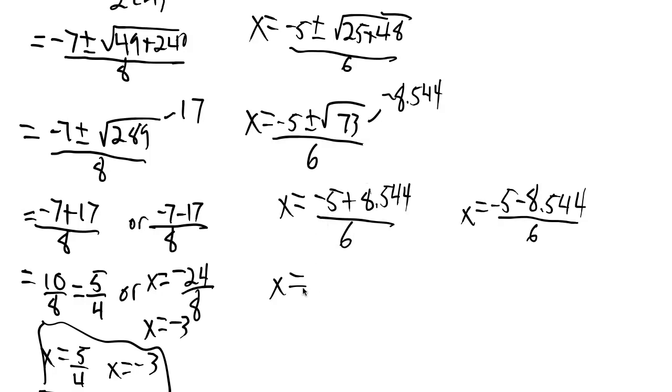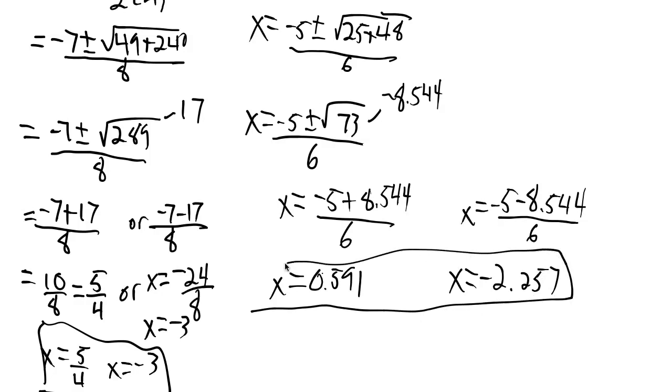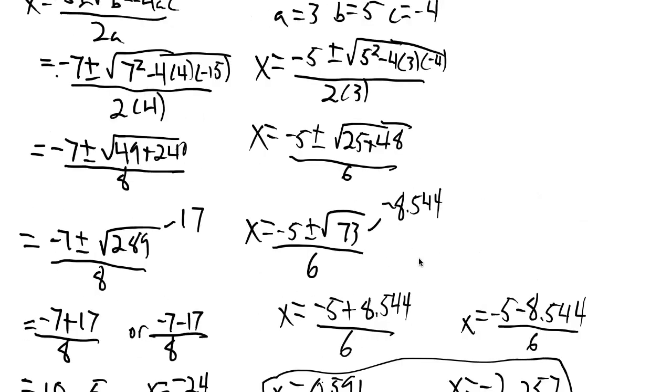That becomes x is about equal to 0.591, and we get x is equal to negative 5 minus 8.544 is negative 13.544. Divide that by 6, we get that this is roughly negative 2.257. So those are your answers for the second practice problem.